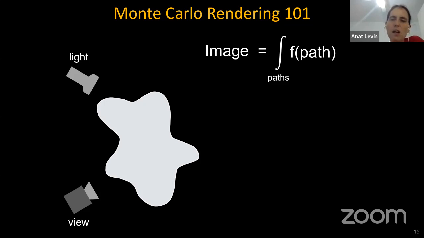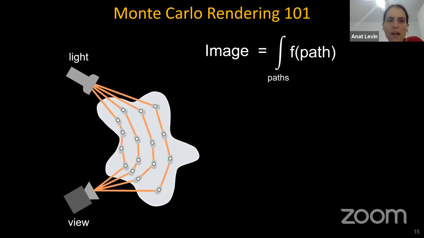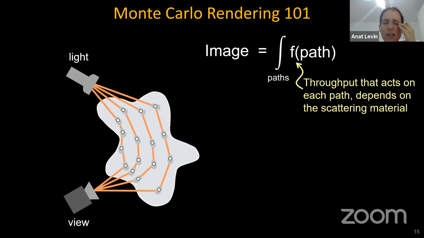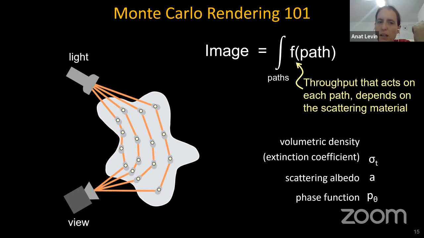So in a standard Monte Carlo algorithm, we express the image as an integral over paths, all paths through the volume. And each such path has a throughput, which describes its contribution, or how much the energy changed along this path. This throughput is a function of some material description, for example, the density, which is also known as the extinction coefficient, the albedo, how much it absorbs light, and the phase function.